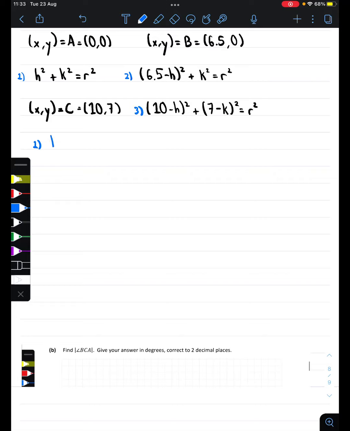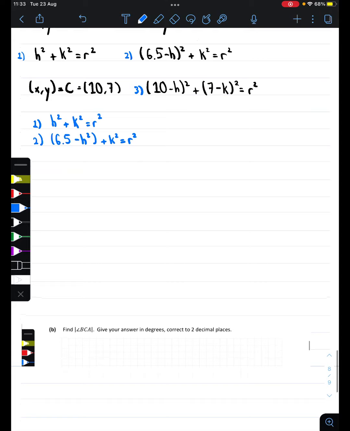One is h squared plus k squared equals r squared. Two, (6.5 minus h) squared plus k squared equals r squared. And then our third equation, (10 minus h) squared plus (7 minus k) squared is equal to r squared.